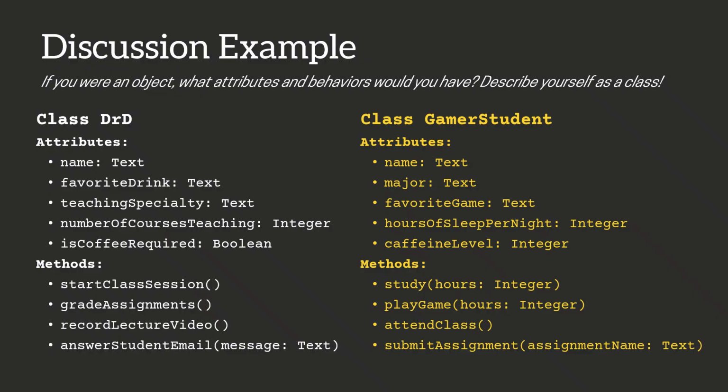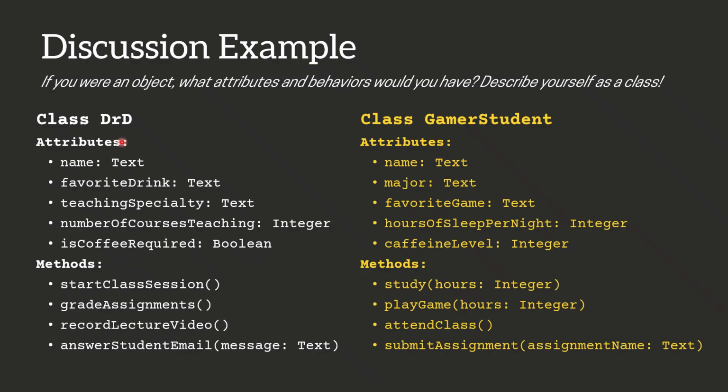Okay, so let's connect this to your discussion post for the week because it uses a really fun prompt. If you were an object, what attributes and behaviors would you have? So you need to describe yourself as a class. Let's literally pretend that you're a class, okay? For instance, I'm going to do me. I'm a class.